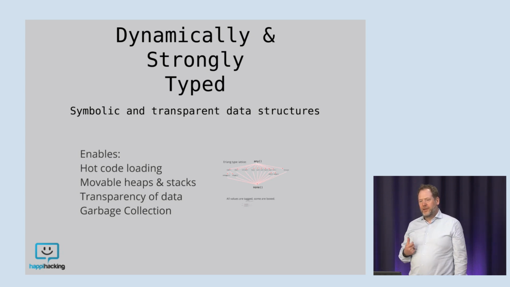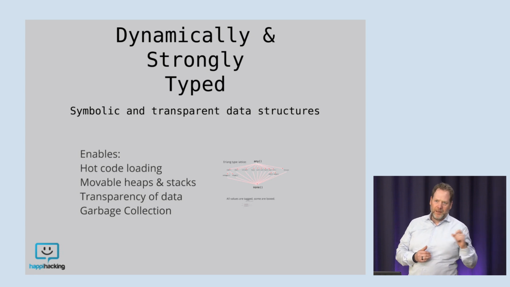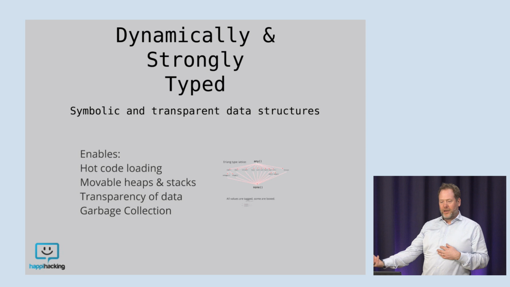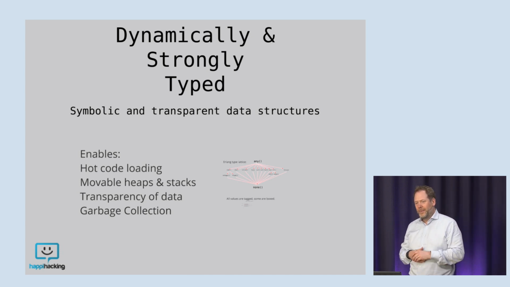But the nice thing with being dynamically typed is that you can actually do hot code loading. It's very hard in a statically typed language to type a program for the types that are going to be in the future. With hot code loading, you change the implementation, and in that way you can actually change the type of a function while the program is running.